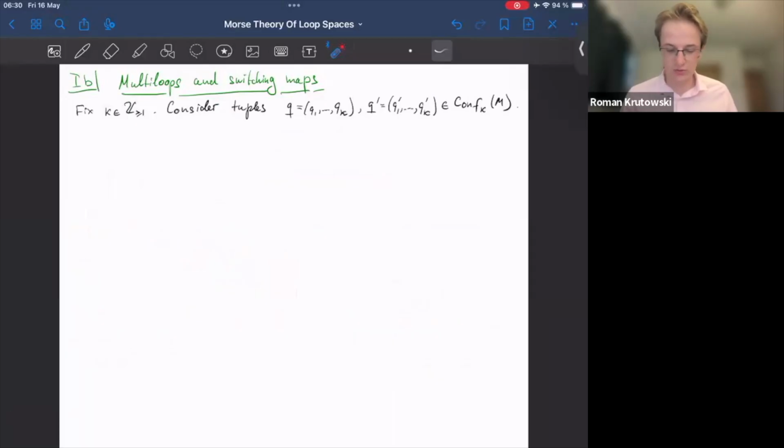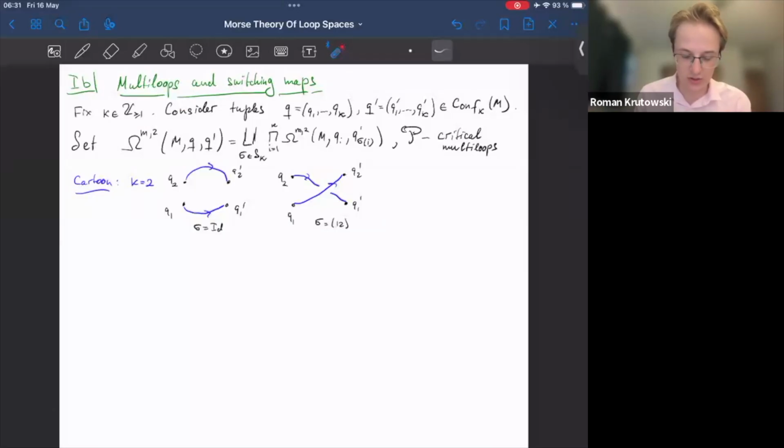Now we would like to work with these multi-loops, or one should think that we're trying to do Morse theory of based path spaces on symmetric products secretly. So consider two tuples of kappa points in the configuration space of M, so basically just distinct tuples of kappa points. I fix this kappa for the rest of the talk. So for instance, kappa equals 1 should recover all that I already discussed.